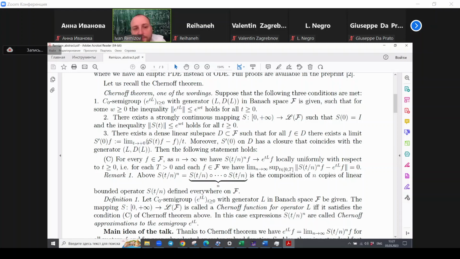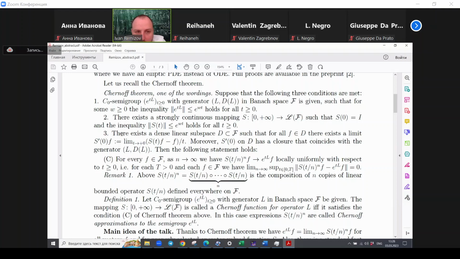If this function is continuous, then we say that the mapping S is strongly continuous. Also at 0 we have the identity operator, and the same inequality holds.